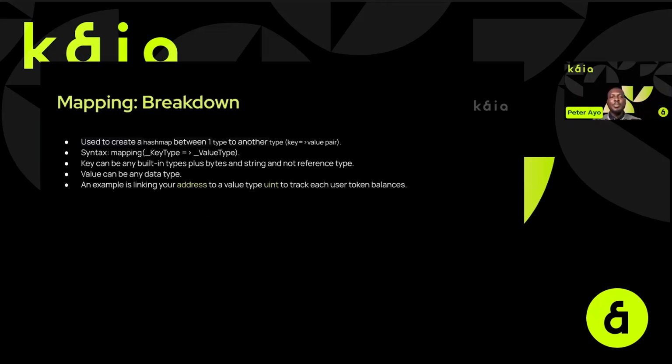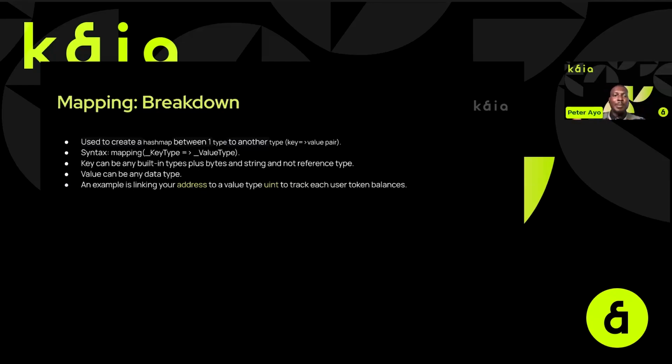And the way we declare mappings is that you use the mapping keyword, of course, then it has a key type and also a reference to the value type. That means to be able to access the value type, you have to provide the key type, or to be able to set the value type, you have to provide a key type. A key can be any built-in type plus bytes and string, but not a reference type.